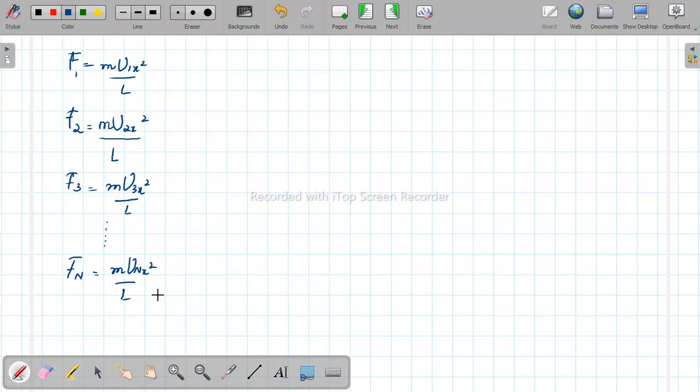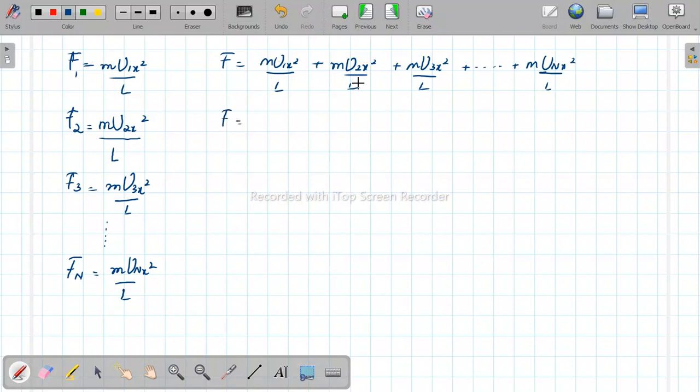How do we calculate total force? This total force must be the sum of all forces due to individual molecules. This becomes m v1x square over L plus m v2x square over L plus m v3x square over L till m vnx square over L. Let's just take the things common that we can.